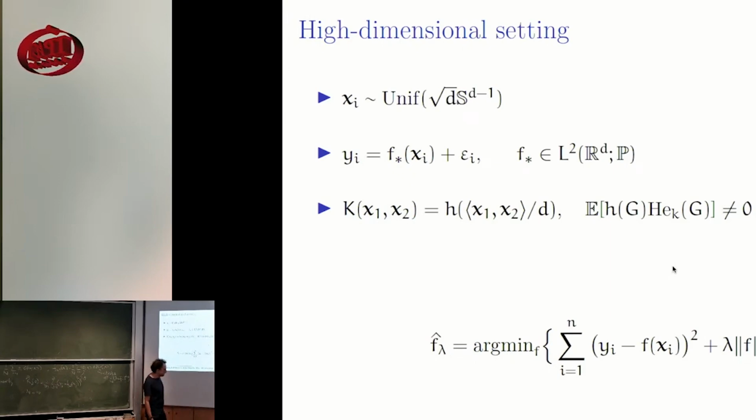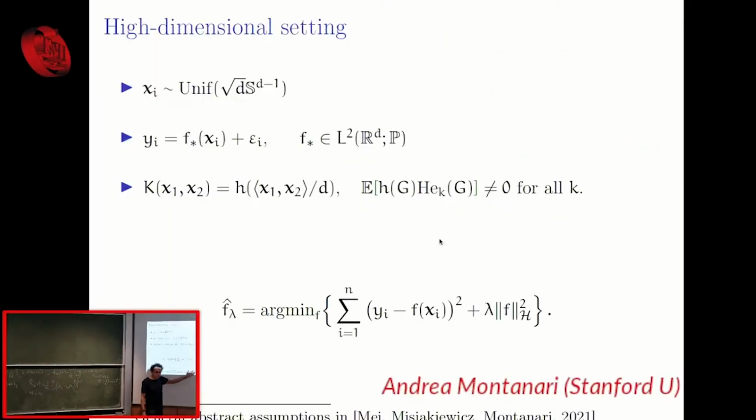One thing I want to mention also: somebody in the first lecture asked me how you do this in practice, and my answer was, you just expand in some basis and you truncate. That is a perfectly fine thing. For completeness, I want to mention that it's known that the solution of this has a form that depends only on n parameters, where n is the sample size.